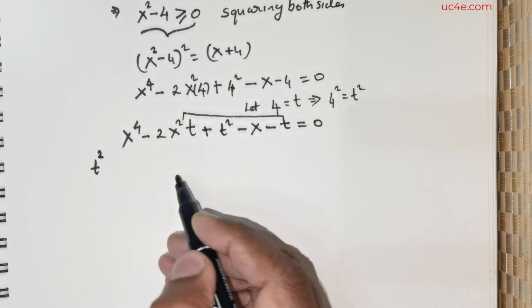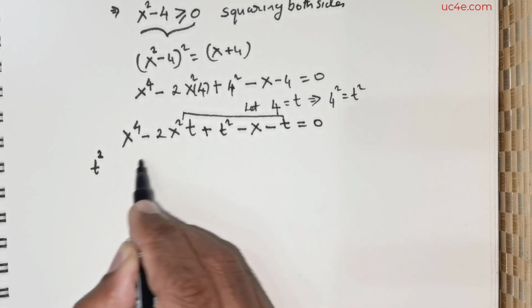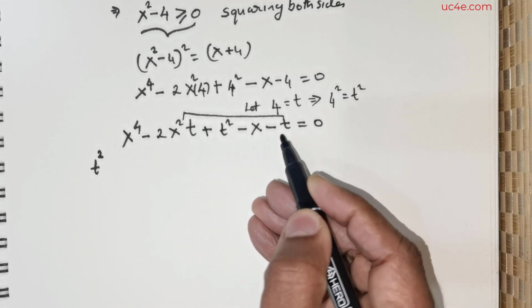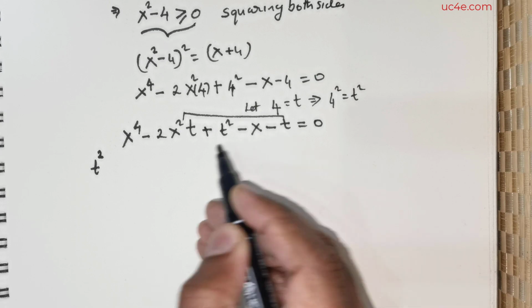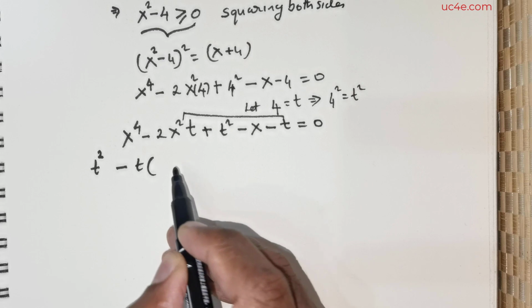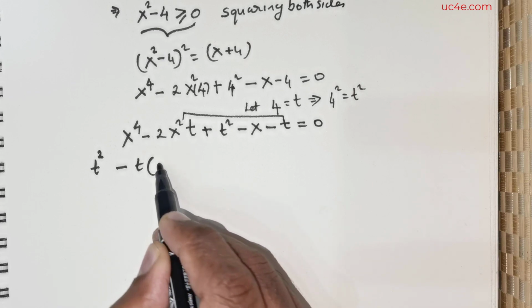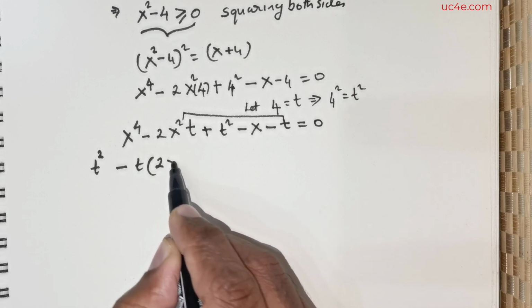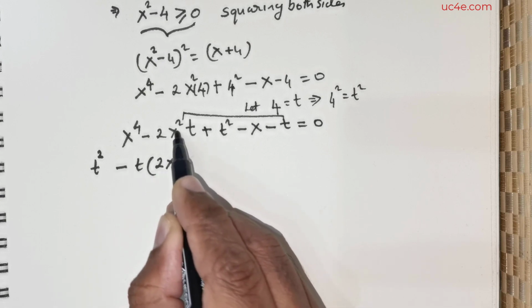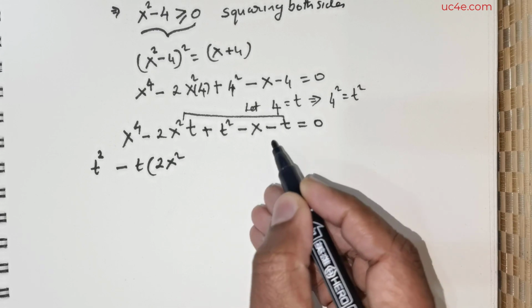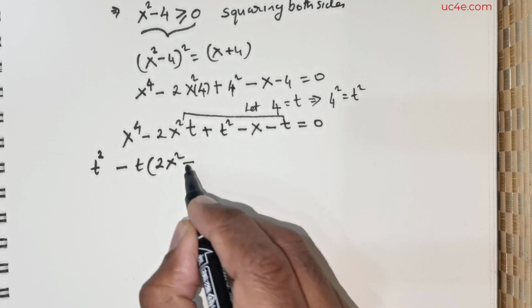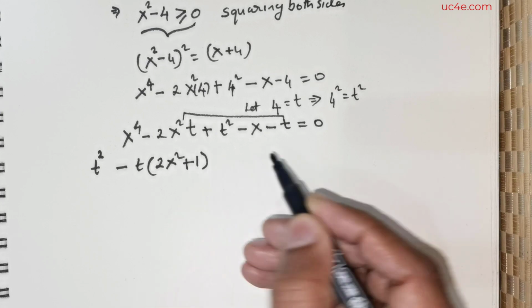So I start off with t squared followed by a negative 2x squared t and a negative t. I would like to take the negative sign out, and take t out, and then inside the parenthesis I would have 2 times x squared. 2 times x squared times negative t would give me negative 2x squared t. That's fine. And followed by, I need to get this negative t, so that would mean place a positive 1. So that's fine.